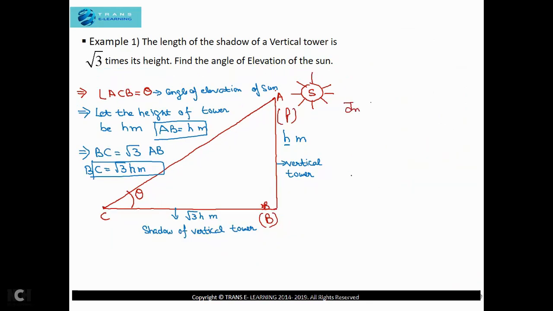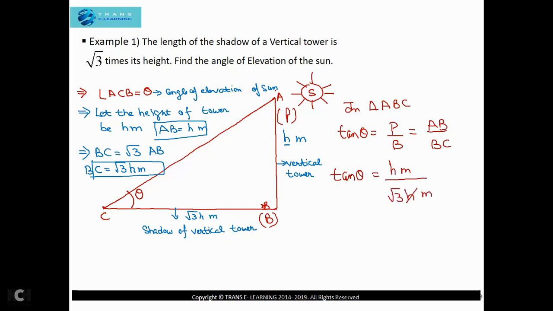So in this triangle ABC, tan theta is equal to perpendicular upon base. The perpendicular is given by AB and the base is given by BC. So here, if I substitute the value of perpendicular AB, it is h meter and the base is √3 h meter.